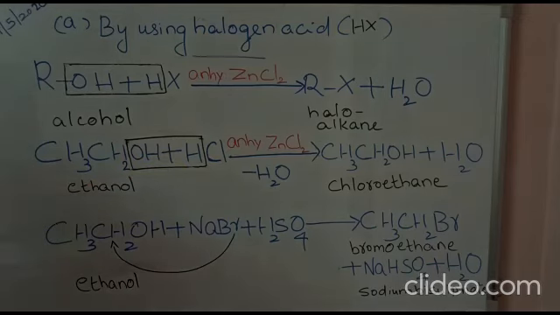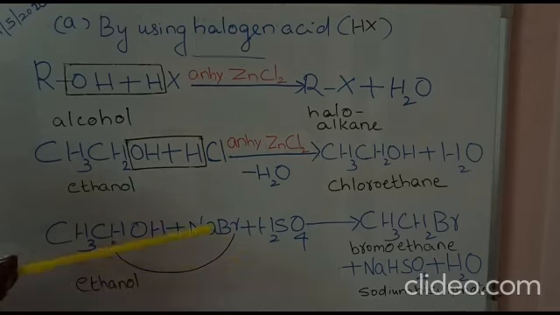But bromoalkanes are generally prepared by heating a mixture of NaBr or KBr and sulfuric acid with alcohol. It produces HBr, which reacts with this alcohol and produces the corresponding bromoalkane. For example, ethanol, on treating with NaBr and H2SO4, you will get bromoethane.